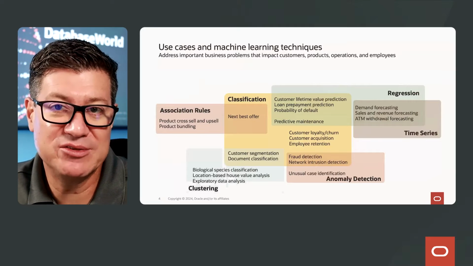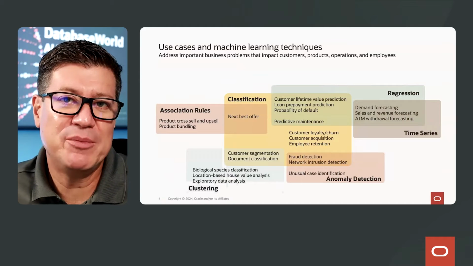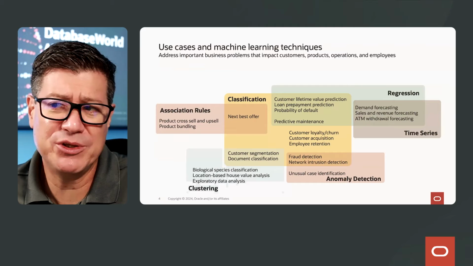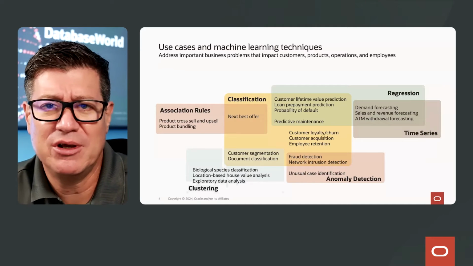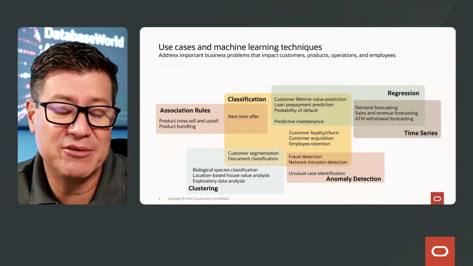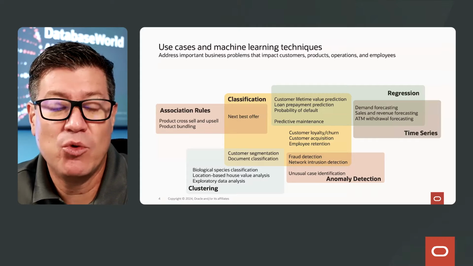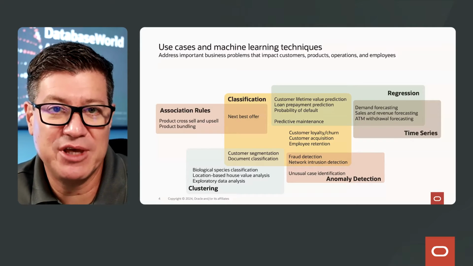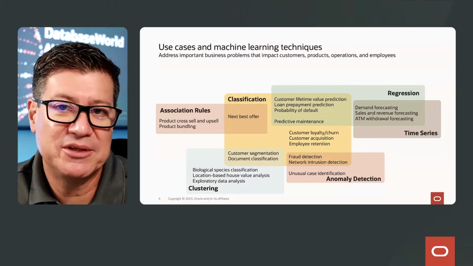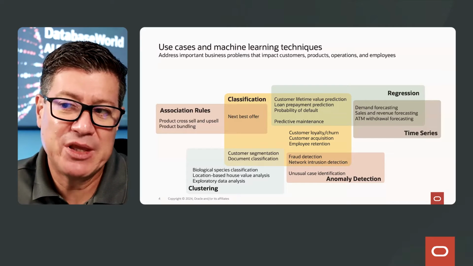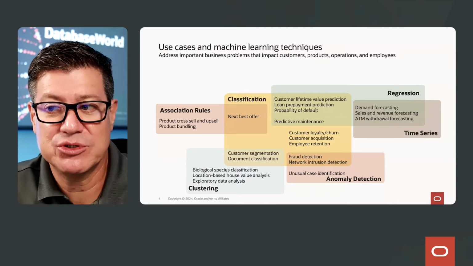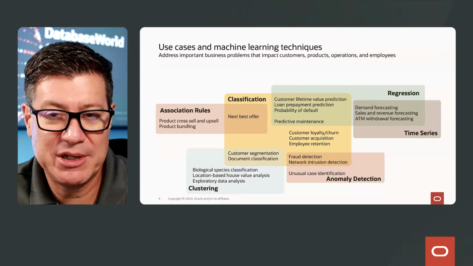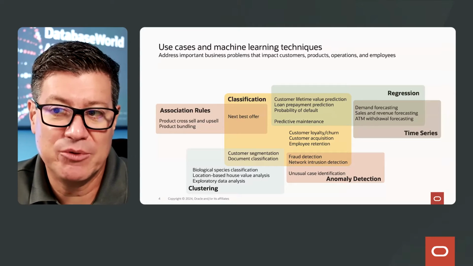But all of these use cases have different classes of techniques. When you're doing customer lifetime value, loan analysis or probability of default, you're using one or more of these classes of algorithms: classification, regression, anomaly detection, and things like that. Today we're going to look at a usage of customer churn, which is part of the classification family of algorithms, and we're going to see that technique.